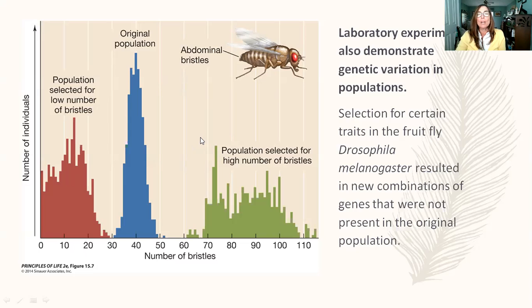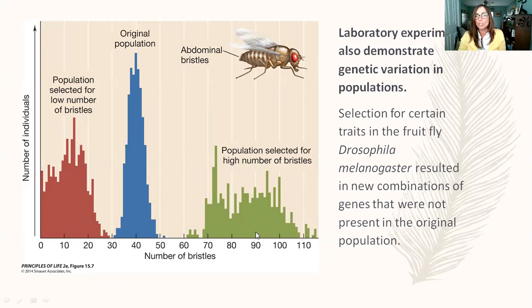And over a number of generations, they found that they came up with new combinations of alleles and therefore new phenotypes that weren't present in the original population at all. So the original population was around 40. They developed a whole new population that had a low number of bristles and another separate population that had a high number of bristles.